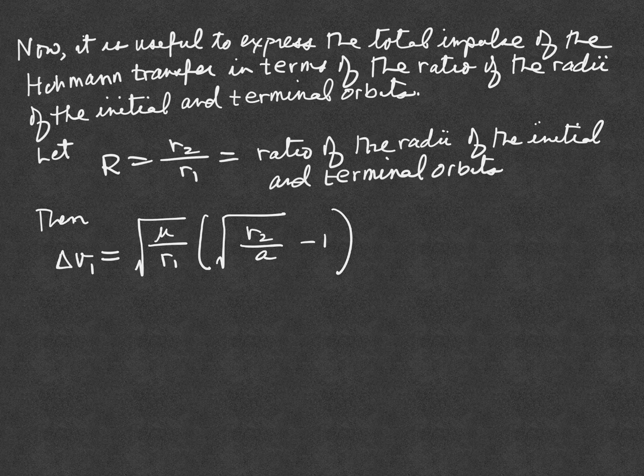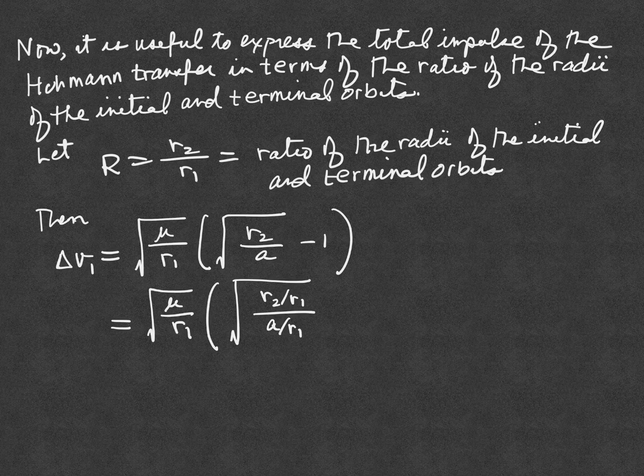Now let's rewrite that using this ratio. So I'm going to divide the numerator and denominator of this square root by R1. So I get R2 over R1 all divided by A over R1 minus 1.